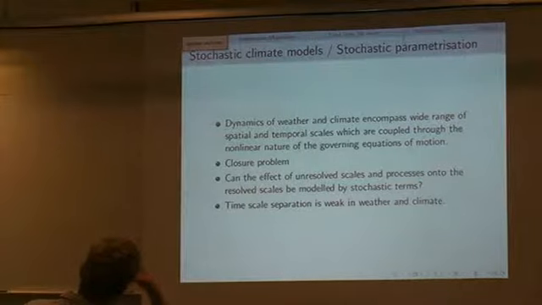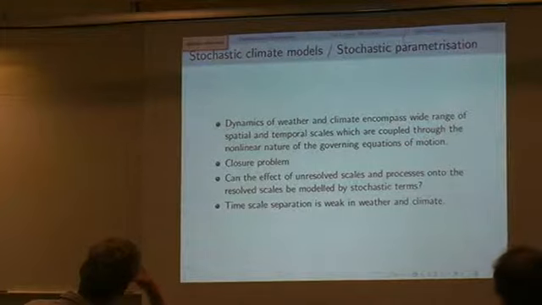One idea is to account for the unresolved scales by stochastic terms: to introduce stochastic terms into the equations for the large scales to drive the large scales and to parameterize in this way the effect of the unresolved smaller scales onto the resolved large scales.